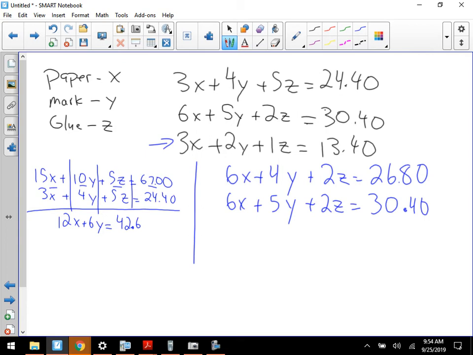Oh, look what happens! We get rid of x's and z's. So when I subtract all these out, I get negative 1y is 2680 minus 30. That means my markers are $3.60.